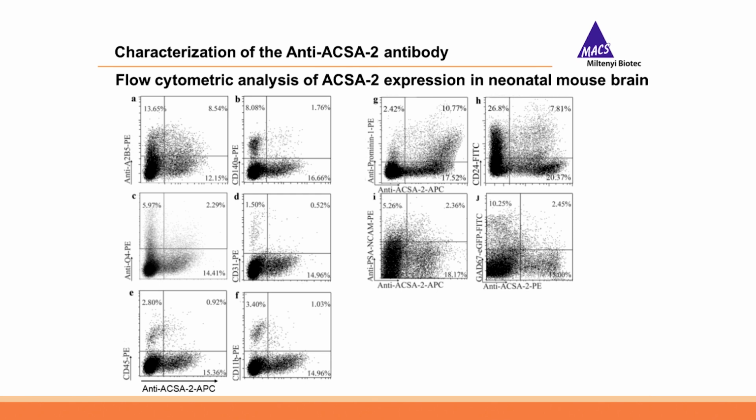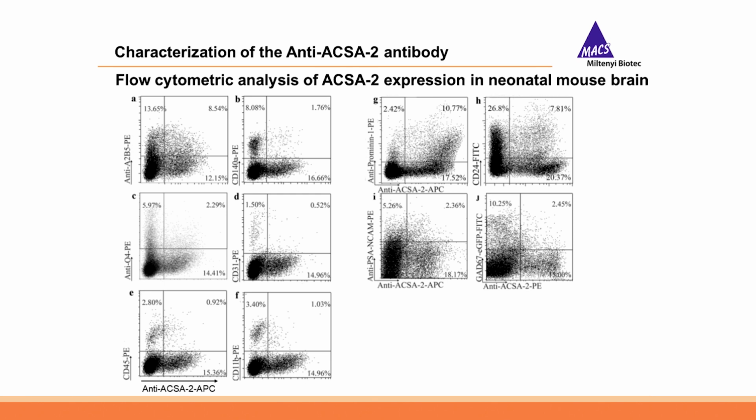And we see also co-staining of AXA2 and the ependymal cell marker CD24 on a fraction of cells. And in I and J, it's shown that PSA-NCAM positive neuronal precursors and GABAergic neurons that were analyzed in GAD67 EGFP transgenic mice did not show a clear co-expression of AXA2.